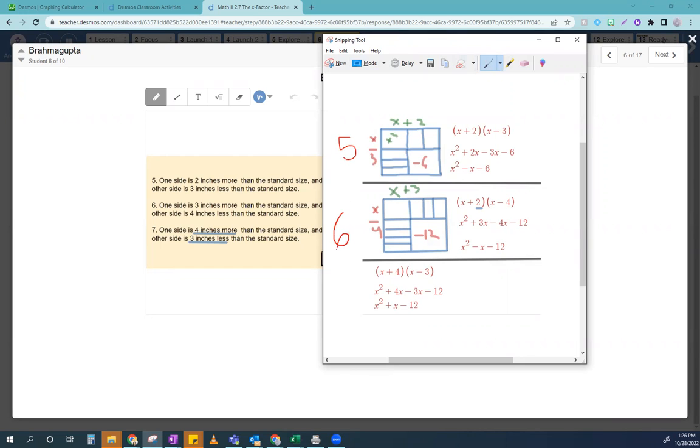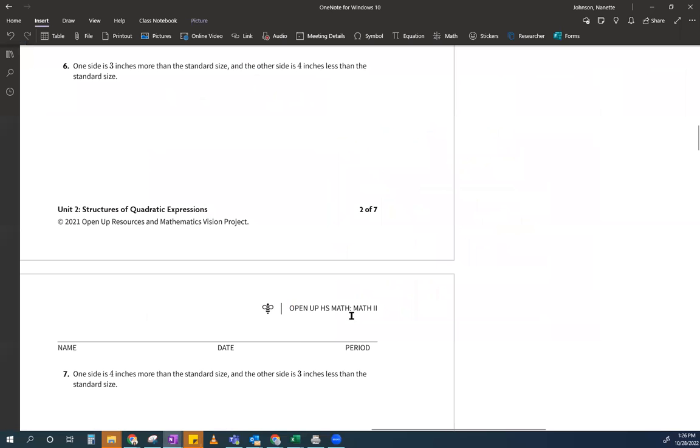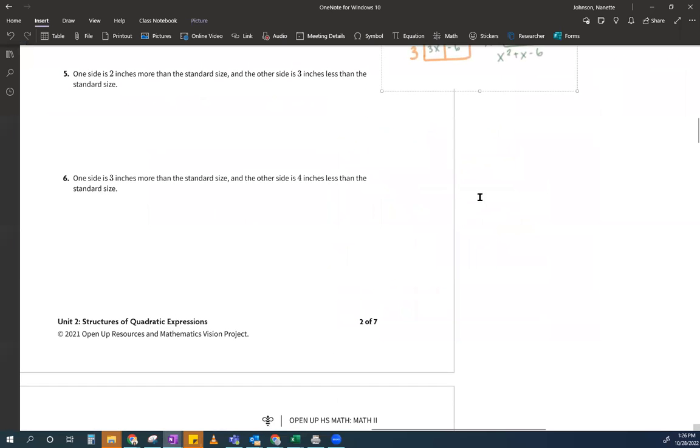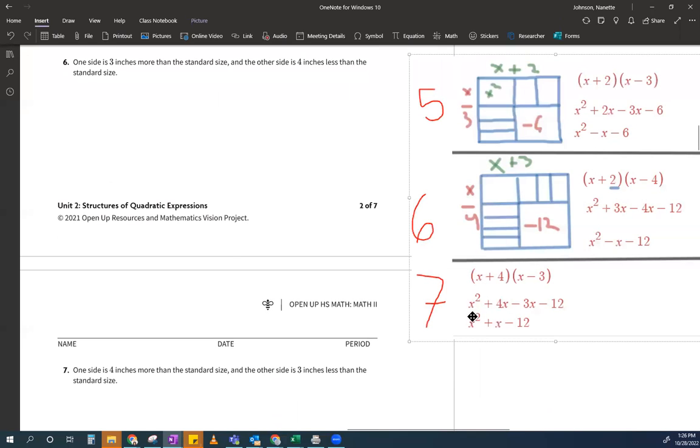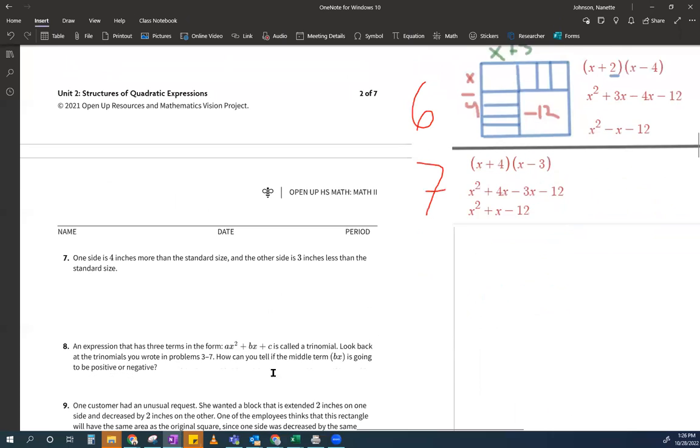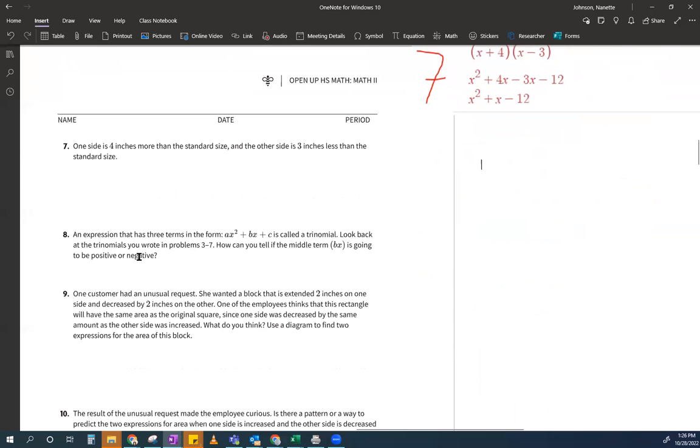This is 6. And this is 7. So that you guys can all reference this when we get there. I don't need this, sorry. Copy this onto our notebook here so you guys can all see in case later on you're like, what did we do, Miss Johnson? There it is.